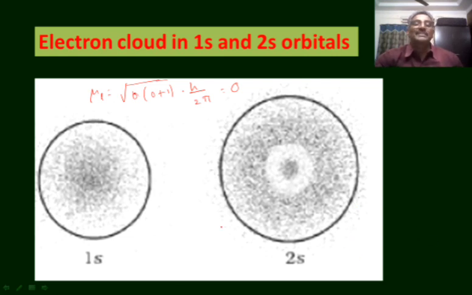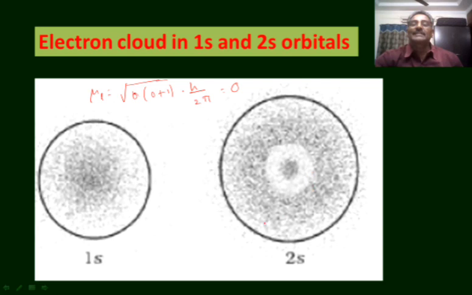Then what is the difference between the s orbital in the first energy level and the second energy level? The s orbital in the first energy level is smaller in size compared to the s orbital in the second energy level. And one more difference is the 1s orbital has no nodal region, that is no spherical node, whereas a 2s orbital has one spherical node.